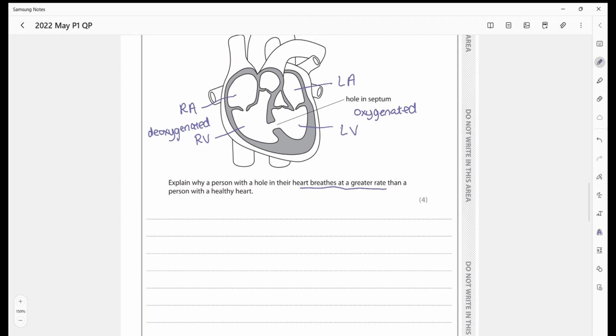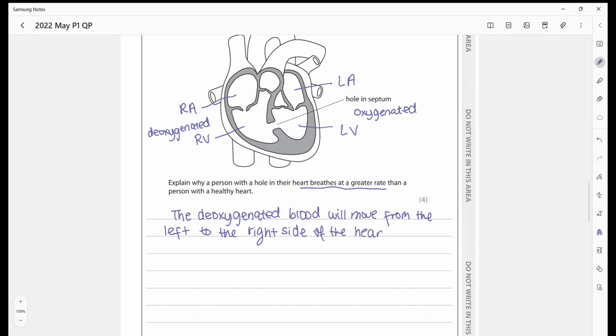Okay, so let's write this out. Where should we start? The deoxygenated blood will move from the left to the right side of the heart.